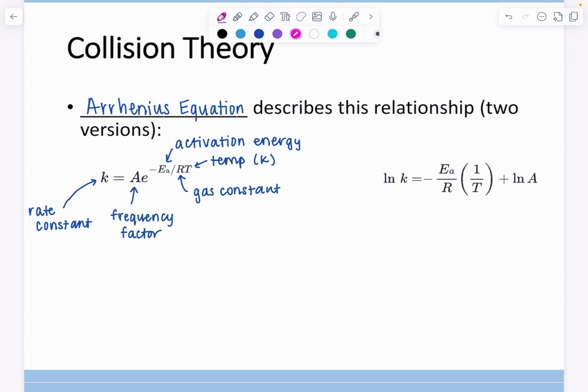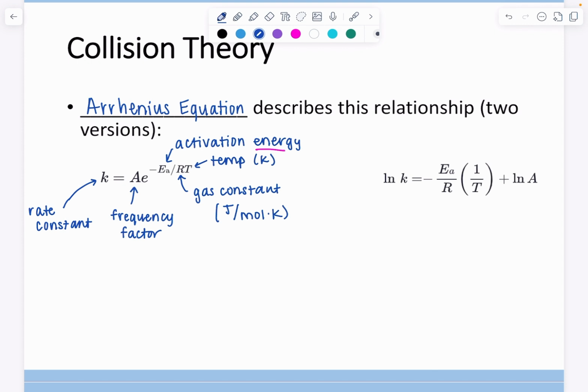Notice that we're talking about energy here. So for the gas constant, we use the version that has units of joules per mole times Kelvin. So the rate constant is a result of frequency of collisions, temperature, and activation energy. The version on the right side is a y equals mx plus b version.